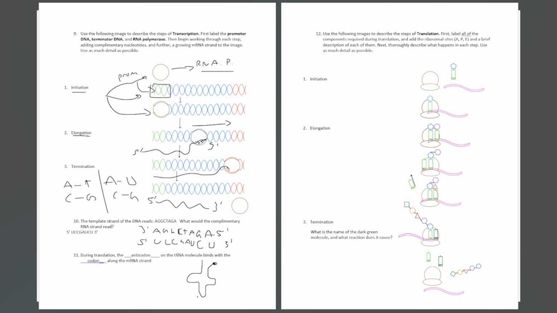So this is just one long RNA strand, and then we have a sequence down here at the bottom. This sequence at the bottom is going to be our anticodon, and this little bead on top is going to be the amino acid.